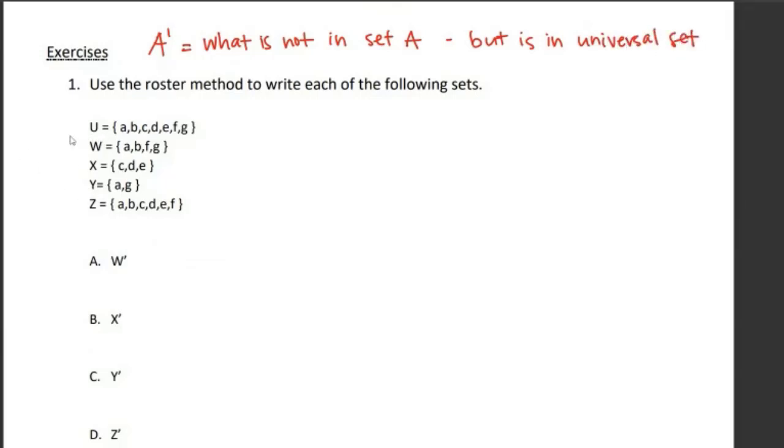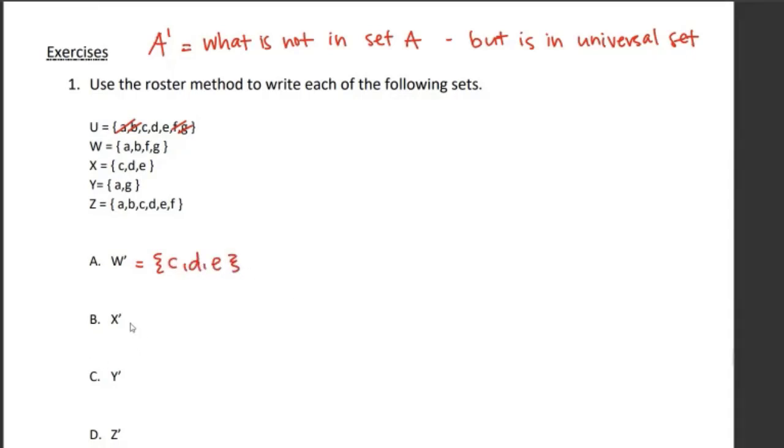So the way that that would look is, if we were looking at the complement of W, the easiest way that we can find what is not in set W is to just mark through those elements that are in our original set. So W has A, B, F, and G. I'm going to mark them out from our universal set, and we are left with C, D, and E.